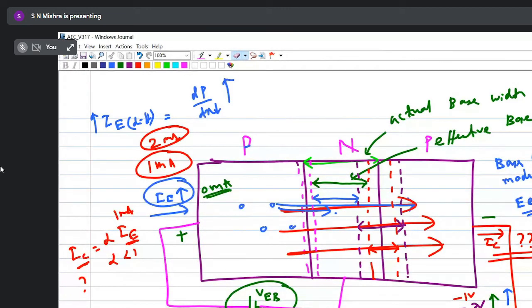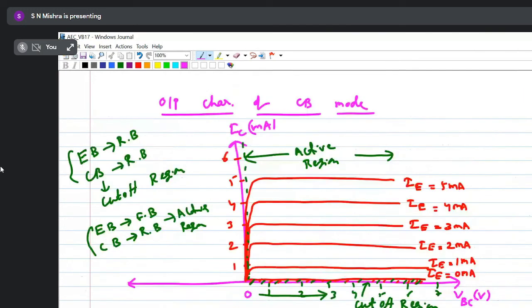So N is connected to positive and P is connected to negative. So this is your VBC positive. If you take VCB, then it will be negative. VCB negative, VBC positive. So you look here, I have taken VBC, that's why I have taken positive values here. Now in the same case, if I take VCB, then what will I take? 0, -1, -2, -3, -4, -5, -6, -7. Like that I have to take. Do you agree or not?